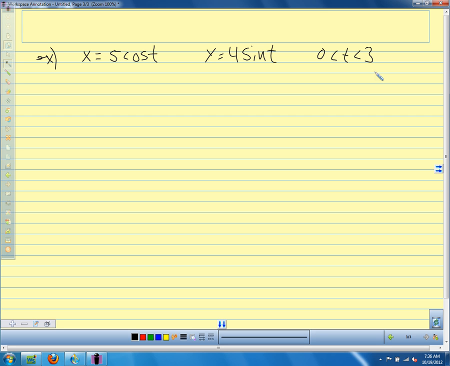We want the slope and concavity at 5 square root of 3 over 2, comma 2. So we're interested in the slope and the concavity at this point.